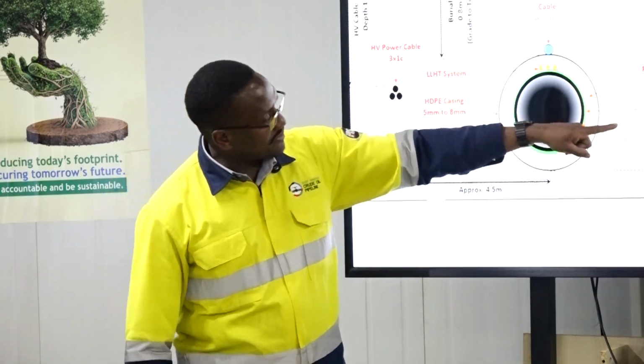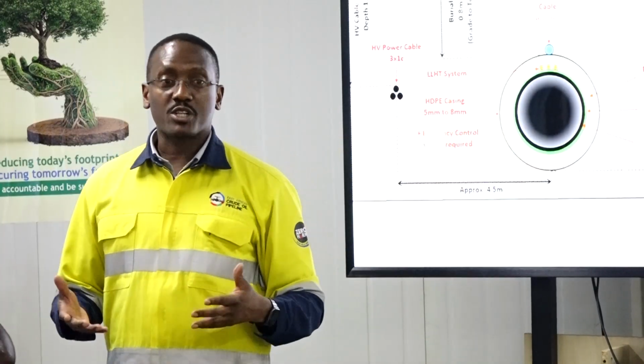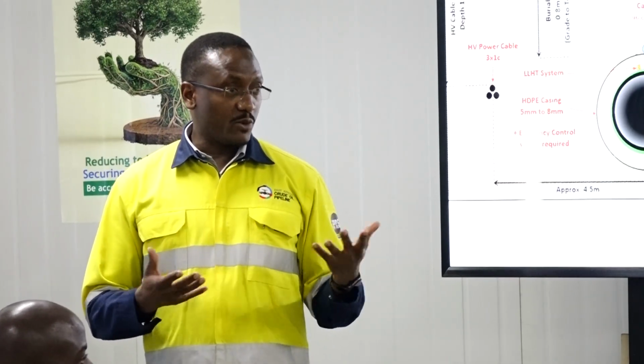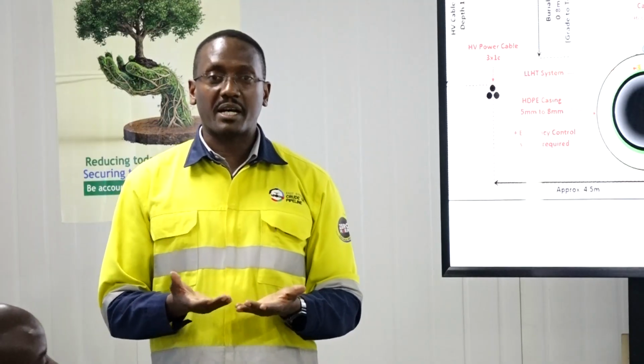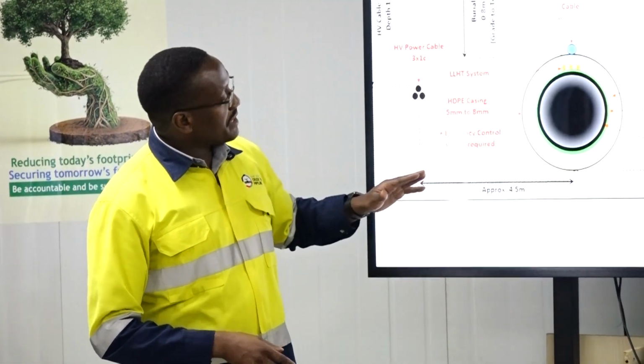This is roughly 1.6 to 1.8 meters, but in certain cases we even go 20 meters below the ground, like where the rivers are; we cannot go just 1 meter below the riverbed. So this is the minimum.